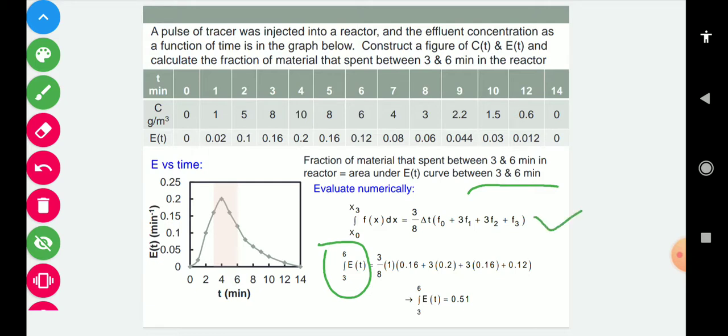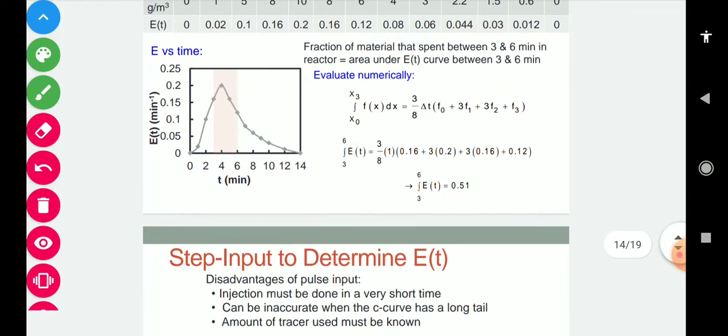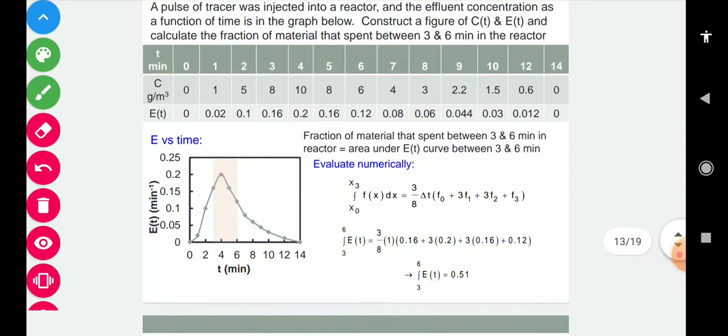So the formula is given over here. So with the help of this Simpson rule, we can calculate this integral term, and finally we can calculate this E(t) between time 3 and 6 minutes, and the value is 0.51. So in this way we can solve our numericals.